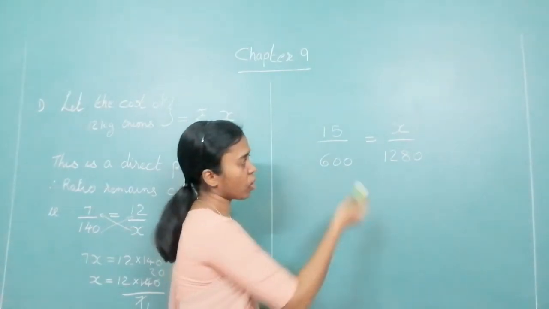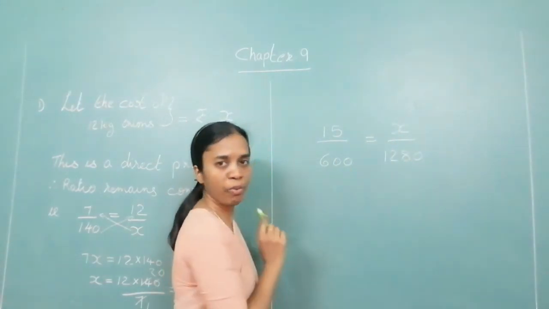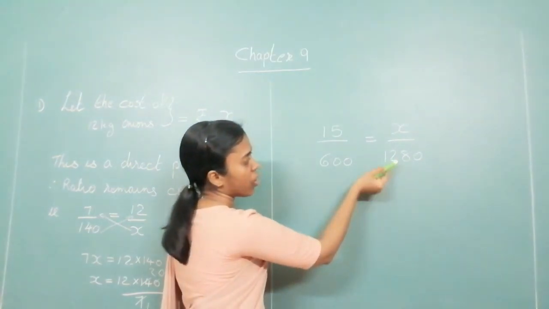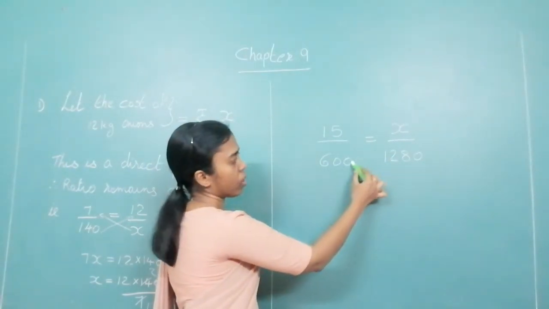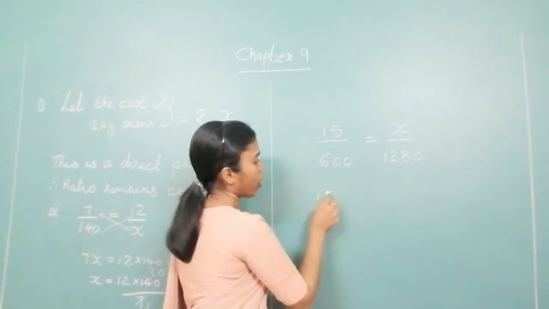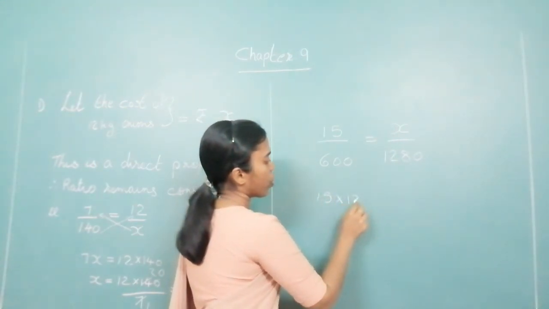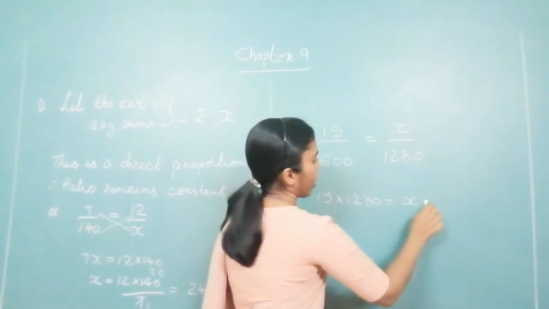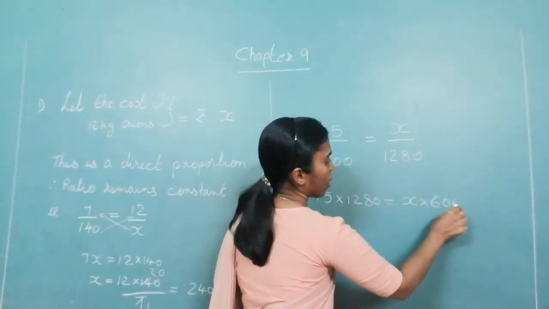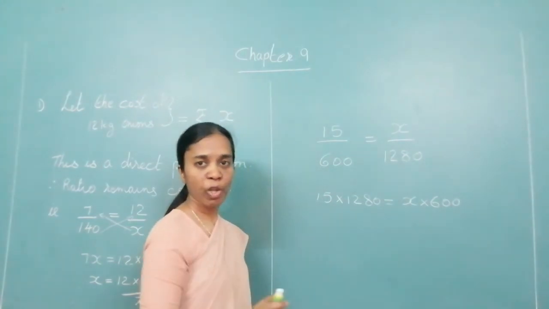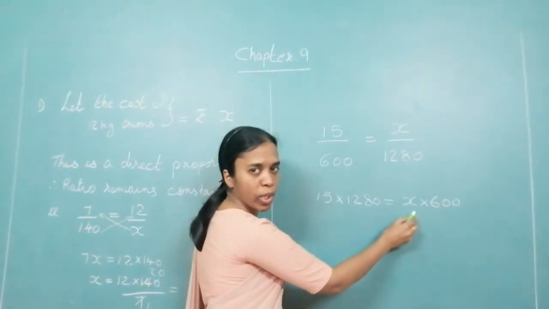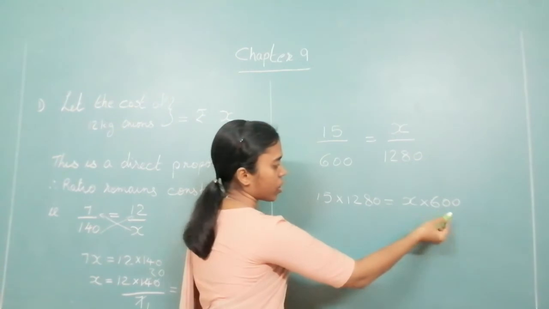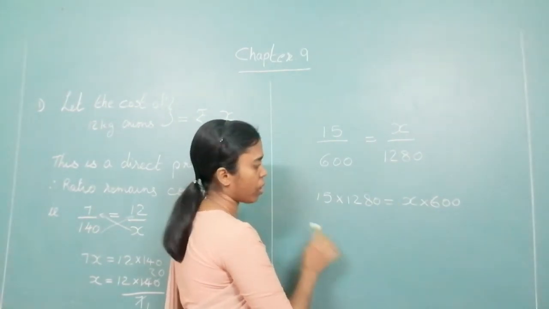Now next step, cross multiply, because we have to find the value of X. So this denominator will come to this numerator, this will go over here. What are you getting? 15 into 1280 is equal to X into 600. You have to get the value of X, so keep only X on one side. This will come into the denominator.